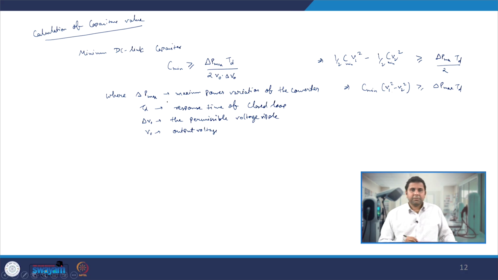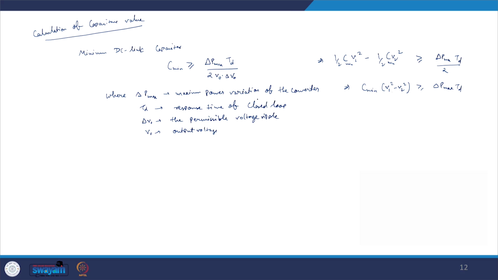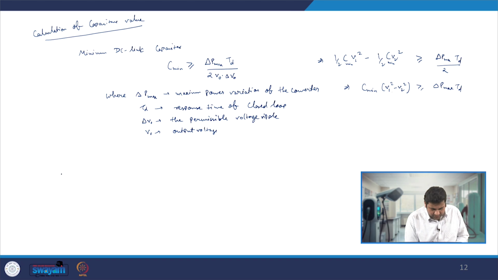When I am talking about delta P max variation, it means that I am talking about the variation of values. So if this is my PL, the variation goes from here to here and here to here. So it goes from P1 to P2.